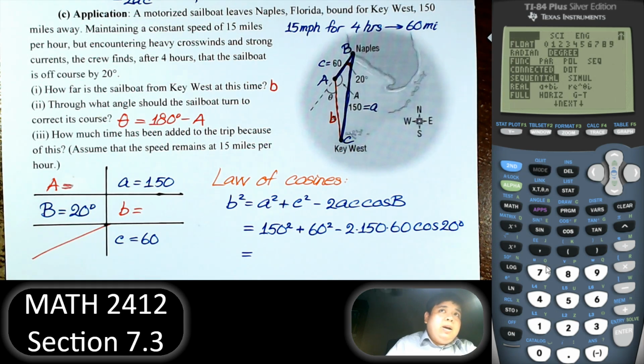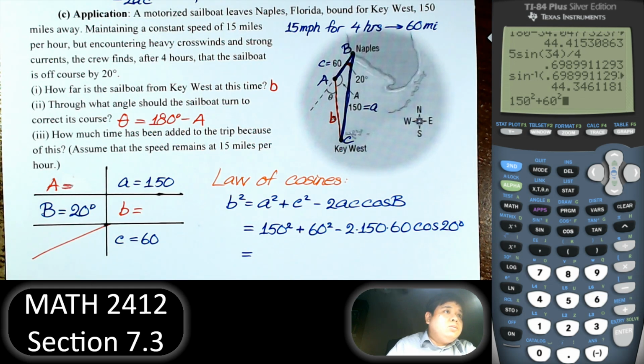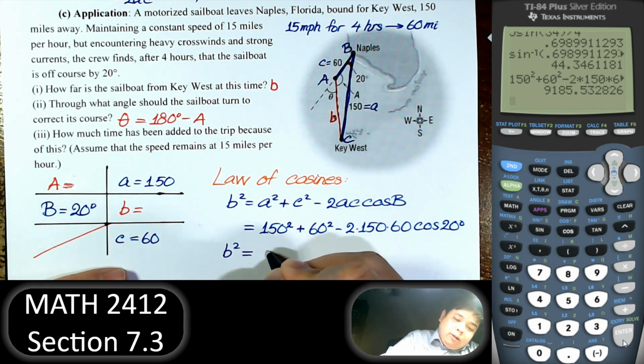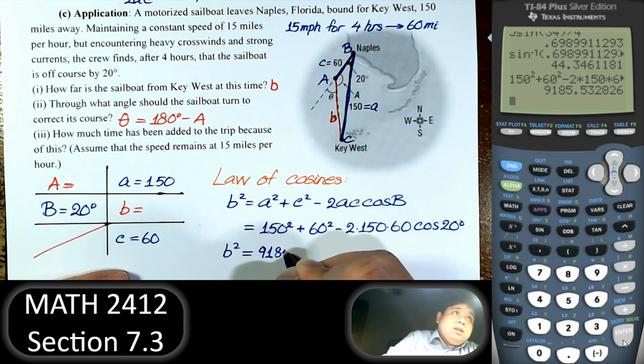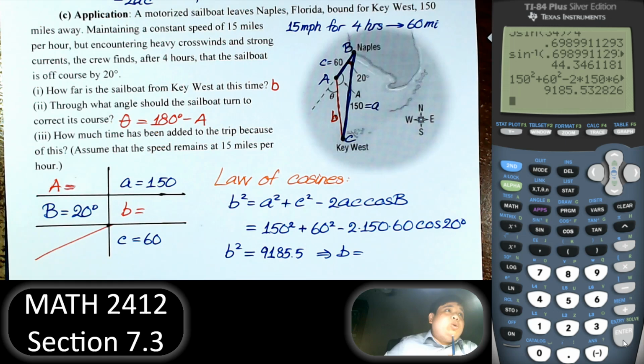Still in degree mode. Yep. 150 squared plus 60 squared minus 2 times 150 times 60 times cosine of 20 degrees. Remember, of course, that's not the answer. That's not B, right? This is B squared. So we just take the square root of that.